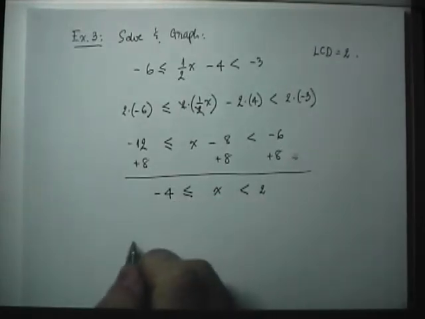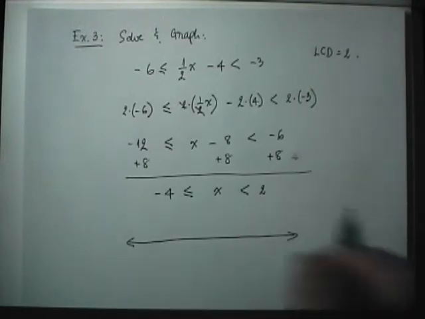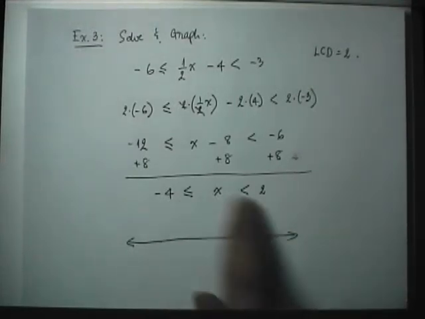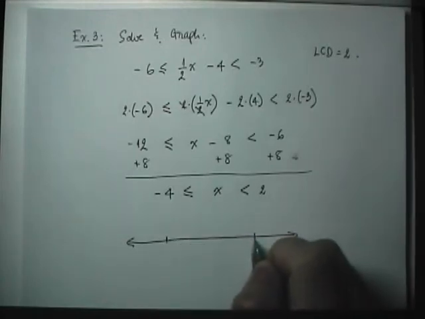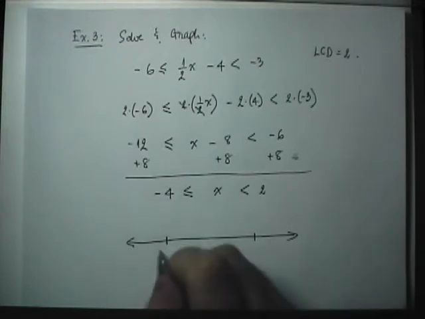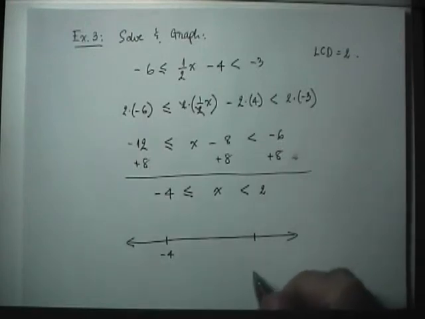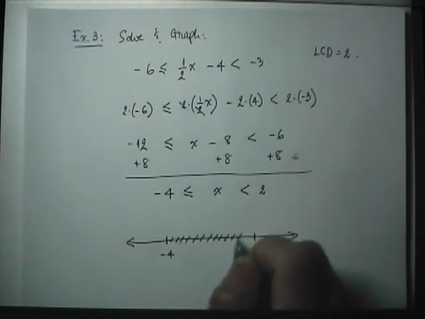So now, to graph the solutions, once again, here's your lower end, here's your upper end. You're always going to need to throw those two numbers on a line. The higher number goes on the right-hand side, and the lower number goes on the left-hand side. So negative 4 is on the left, the lower number, and 2 is the higher number. You want to shade things in between, of course.